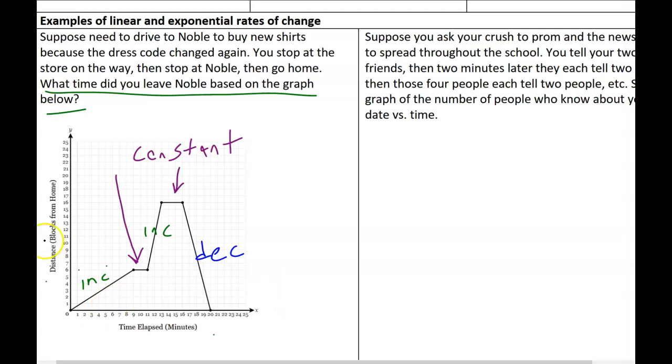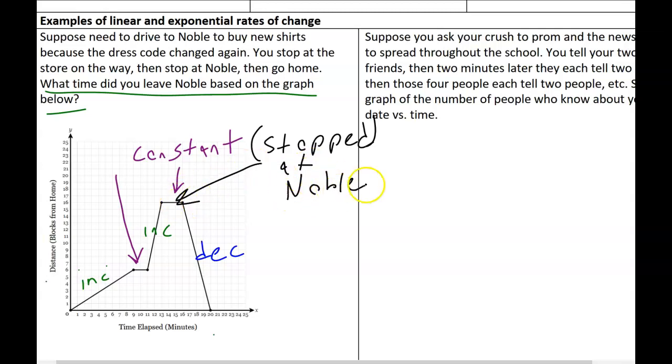And in this context, right, driving to Noble to get new shirts, again, constant means stopped, right? So your distance from home is not changing. So that means the second time you stop, according to the text, is at Noble, right? So Noble is here, right? Stopped at Noble. So if the question is, what time did you leave?